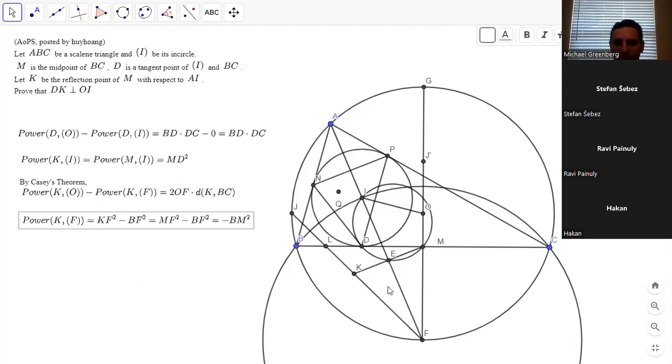So I guess we could drop a perpendicular from E to MF and try to find that distance. So ME squared is that distance times MF, and so it would be twice whatever that distance is. So that's one way to do it. But then ME squared, could we find that somehow?